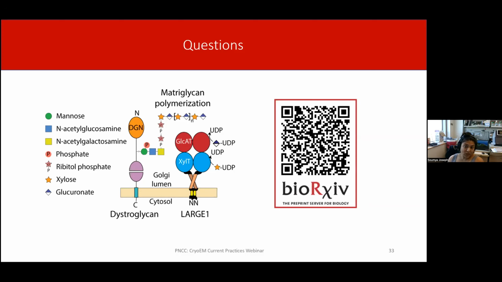I did not specifically look at the coiled-coil because it wasn't resolved in the cryo-EM reconstruction. I didn't have a chance to model that with the data that we had.